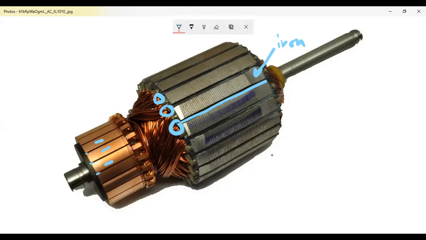The whole structure is made up of iron, having grooves parallel to the axis, and through those grooves the coils are passed, and these grooves are called slots. Between two slots we have a tooth, so this is basically one tooth. Two teeth, one slot; two slots, one tooth. Is that clear?